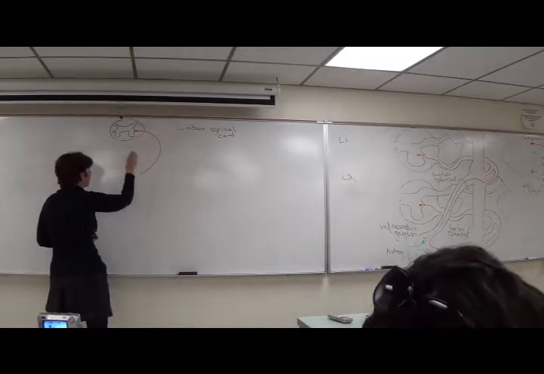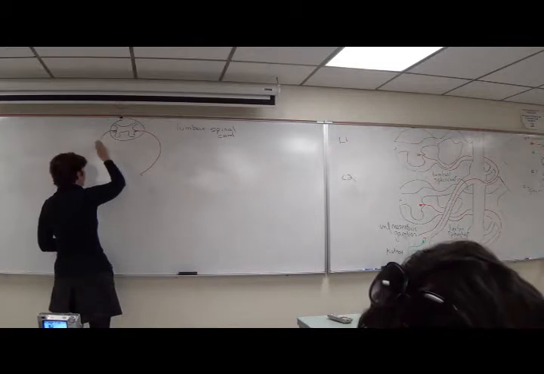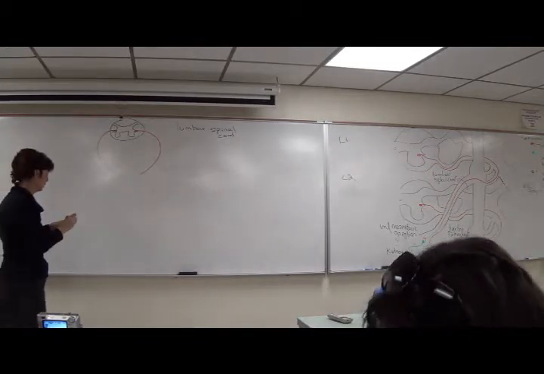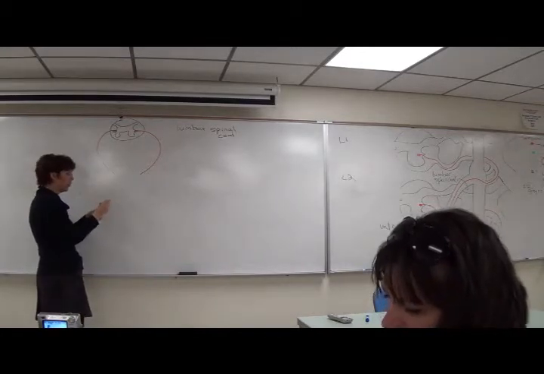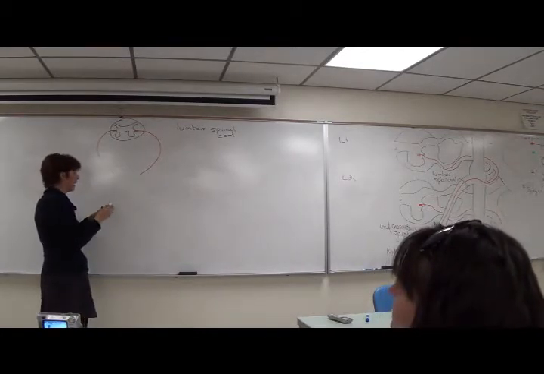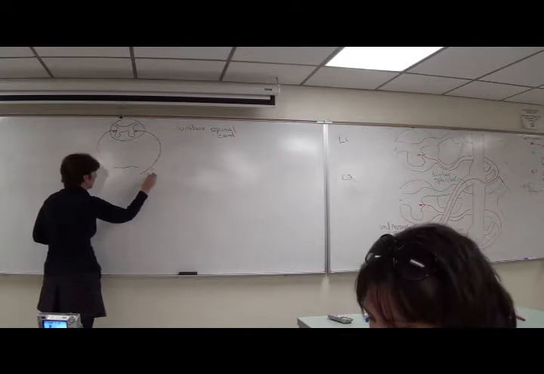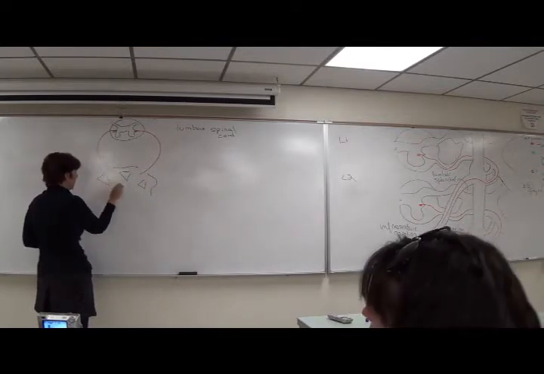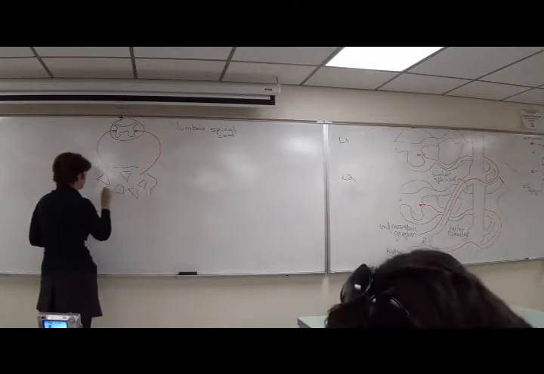So we have preganglionic neurons coming into and passing through our superior hypogastric plexus. So just a maze of neurons.